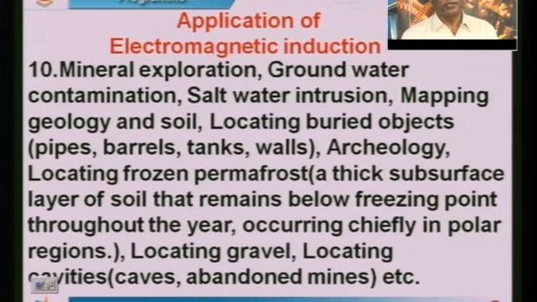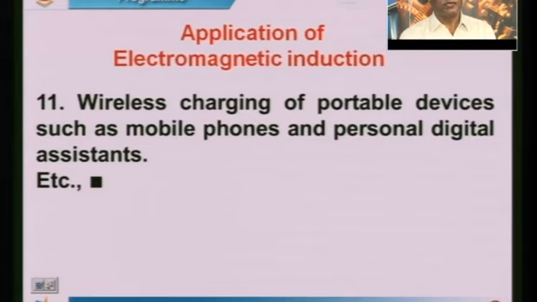Also mineral exploration, groundwater contamination, saltwater intrusion, mapping geology and soil, locating buried objects, pipes, barrels, tanks, walls, etc., archaeology, locating frozen permafrost. It is nothing but a thick subsurface layer of soil that remains below freezing point throughout the year, occurring chiefly in polar regions, locating gravel, locating cavities, etc., wireless charging.